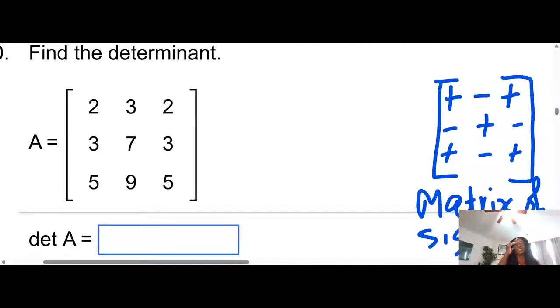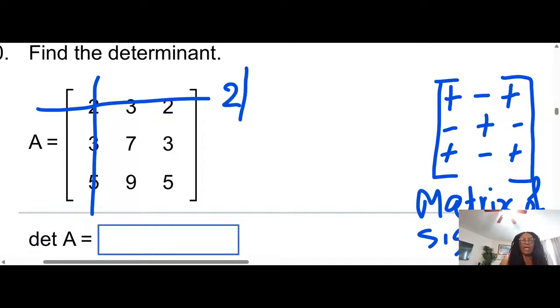Okay, so the next one is choose which row and column I want to use. I actually want to use row 1 and column 1. So I'm going to use row 1, column 1, which means I will have 2 multiplied by a 2 by 2 matrix.